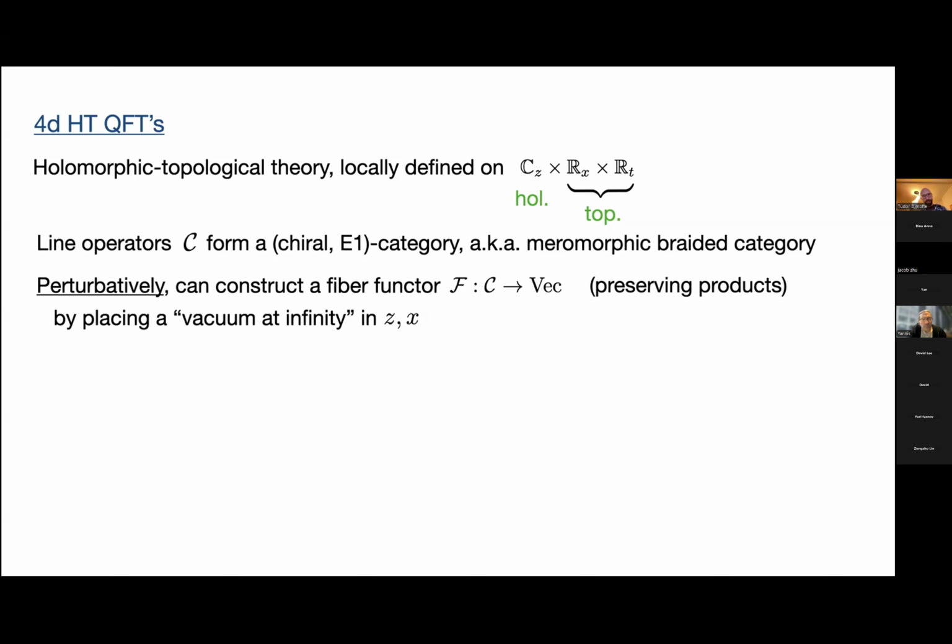They need to just sit at a point in order to preserve the symmetries of the setup. And if so, for every point you choose in the holomorphic plane, the lines that now sit in the topological plane have to have the structure of lines in an entire 2D TQFT.